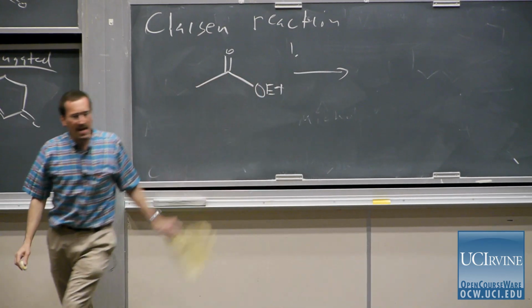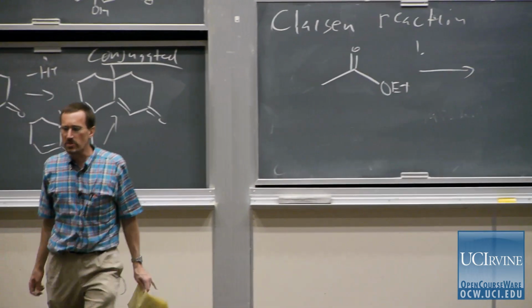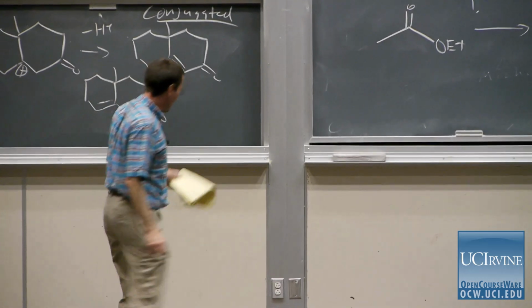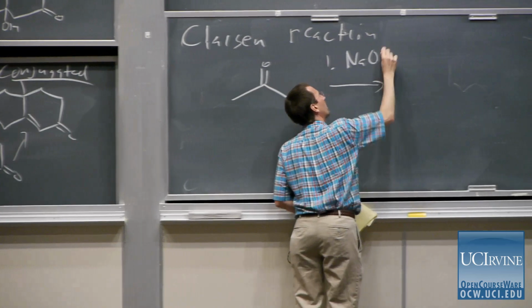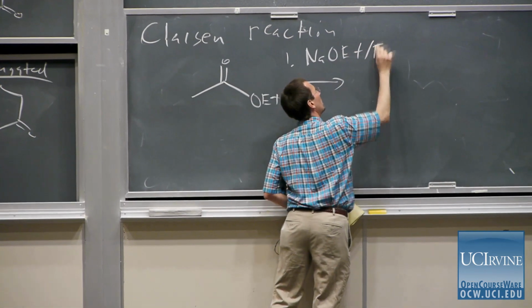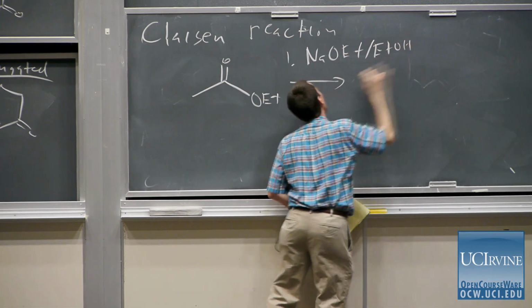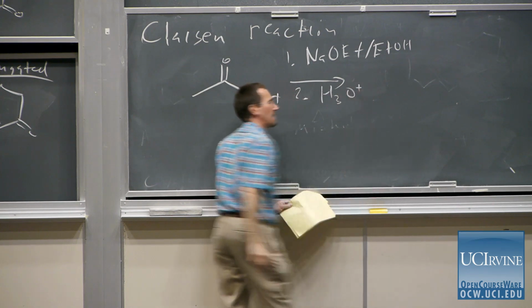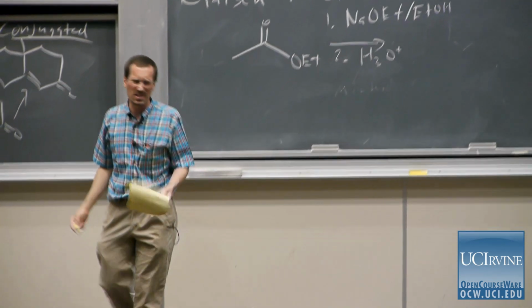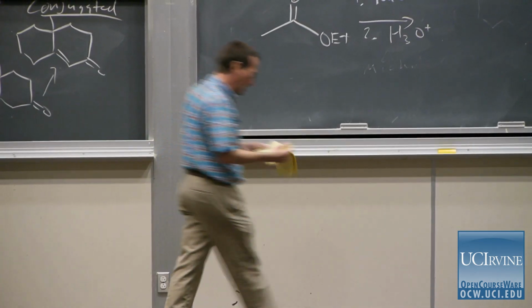So if we take ethyl acetate and we treat it with sodium ethoxide and ethanol first, so I'll write 1 to indicate we're doing that in a first synthetic step. And then we carry out an aqueous workup with some aqueous acid. That means some dilute HCl. You're not cooking things together.